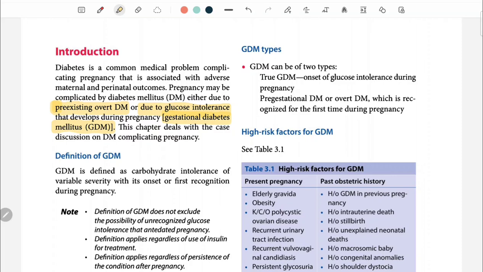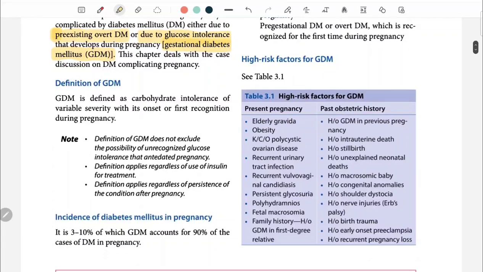So now let's look at diabetes mellitus complicating pregnancy. First let's study the definition of gestational diabetes mellitus, which is very important. How do you define GDM?